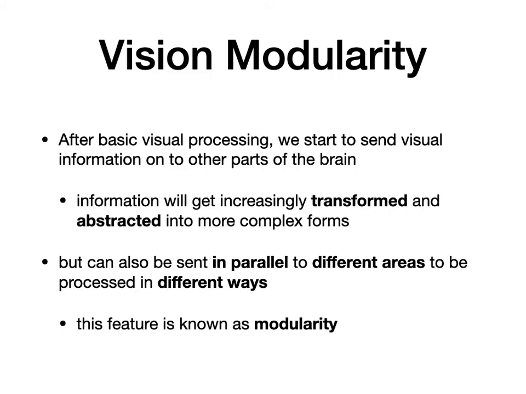They combine more and more information into a single tuning curve. But they can also be sent in parallel to different areas and be processed in different ways. So that's the general idea of modularity. Now, before we get to some of these modules, let's talk about the path upward.